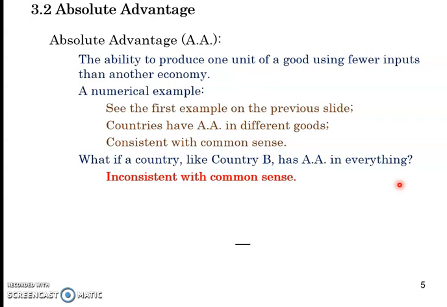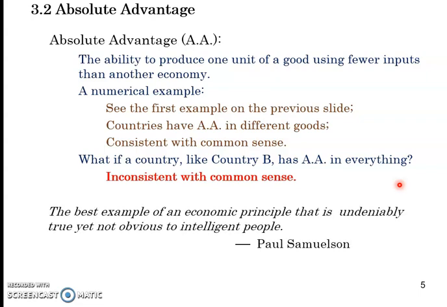So if country A opens its door, that simply means country B would dump its good on country A's market, so make a lot of money from country A. So we tend to believe that country A probably would get hurt from this trade. And this is why Paul Samuelson said it is the best example of an economic principle that is undeniably true, yet not obvious to intelligent people.